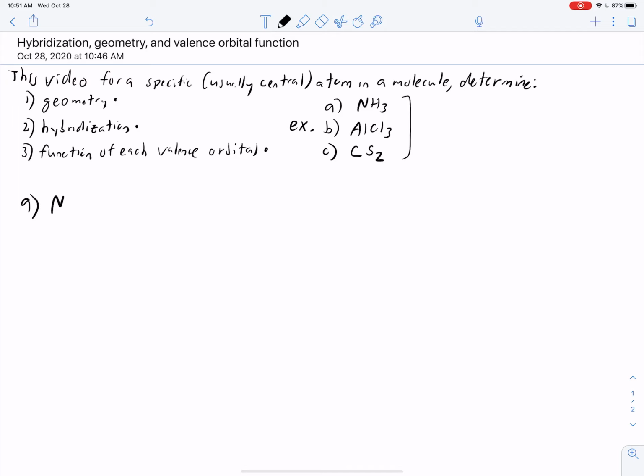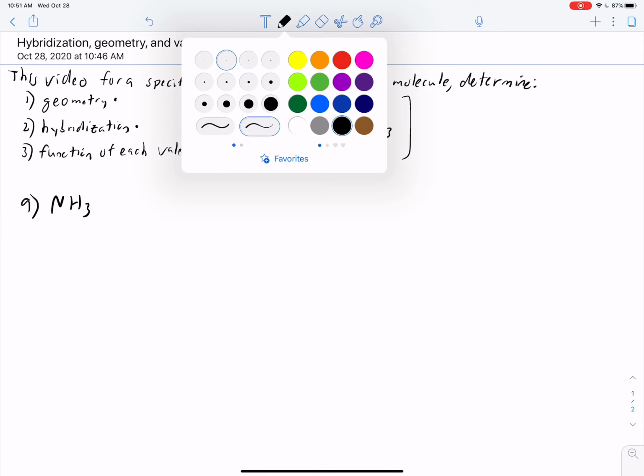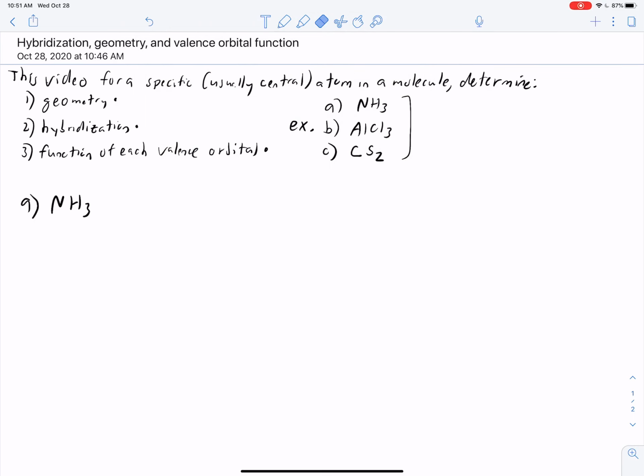Let's talk about ammonia. Feel free to take a pause here and draw the Lewis structure for yourself. When I draw ammonia, I get an N as the central atom and 3 H's. And in this problem, we're going to focus on the central atom, nitrogen. So the first question is, what's the geometry of that central atom?